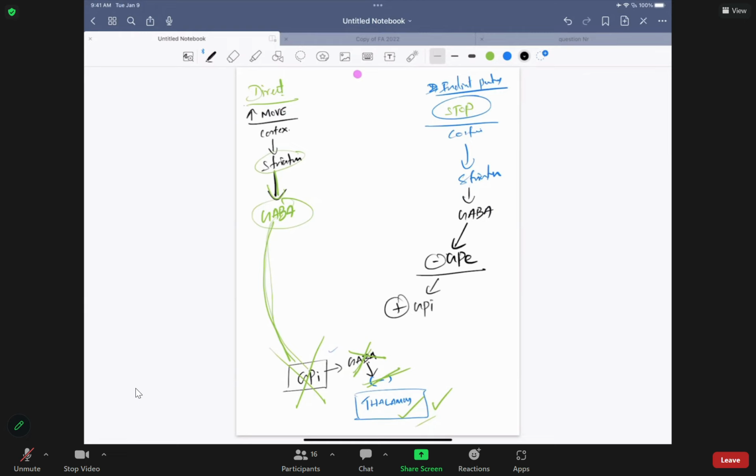So here, striatum is secreting the same GABA. That GABA is blocking the GPE, globus pallidus externa. Once you block that, your GPI become active. Once GPI become active, they're going to secrete their own GABA. That GABA will block the thalamus and it will make the patient stop. Is that clear, folks? Okay.